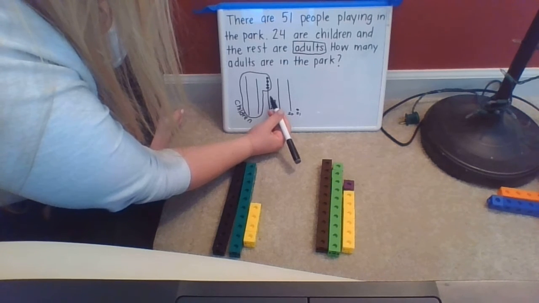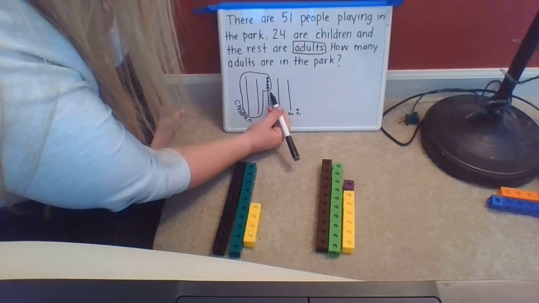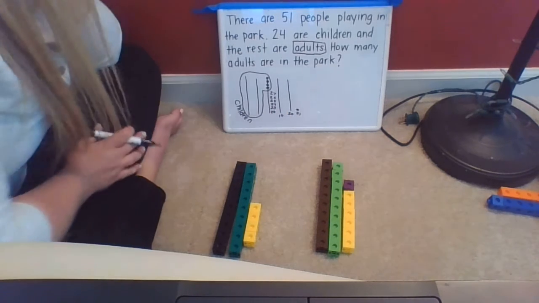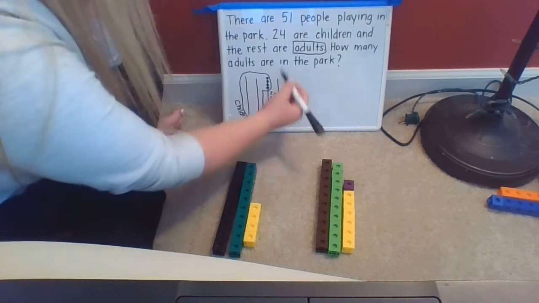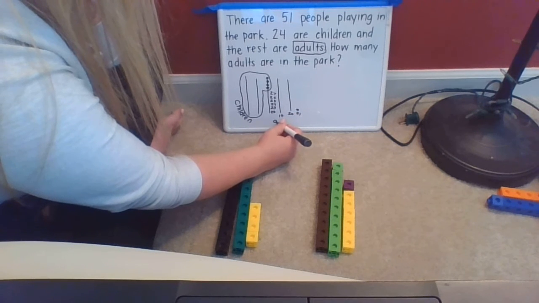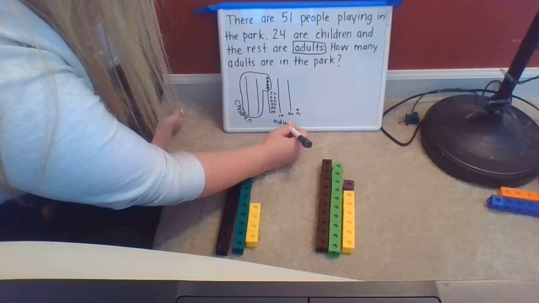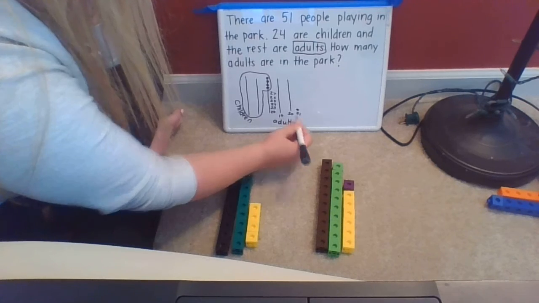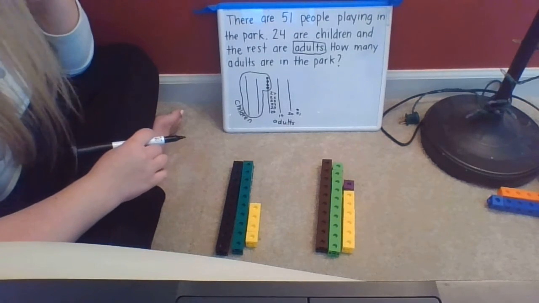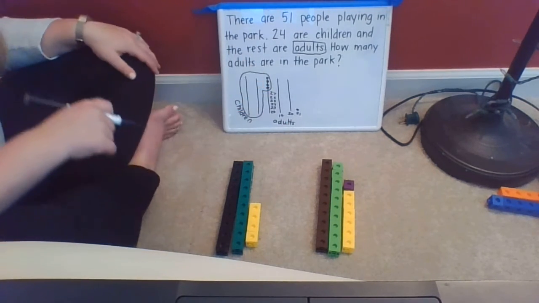There are 27 adults. These are the adults at the park. Now I can write a number sentence to show how we solved the problem.